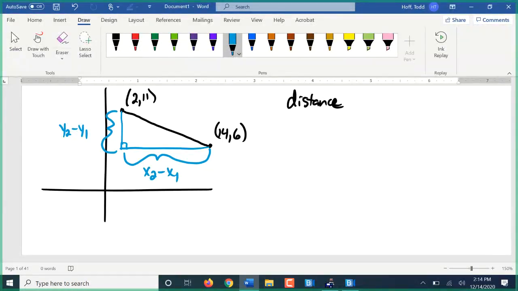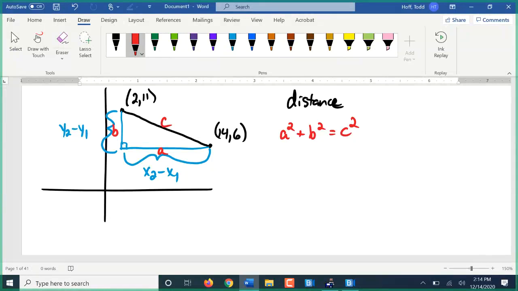And if you remember, when we have a right triangle, our legs, which would be the rise and run in this case, are labeled A and B, and our hypotenuse is C, and the Pythagorean theorem just tells us that a squared plus b squared equals c squared, or c squared equals a squared plus b squared.